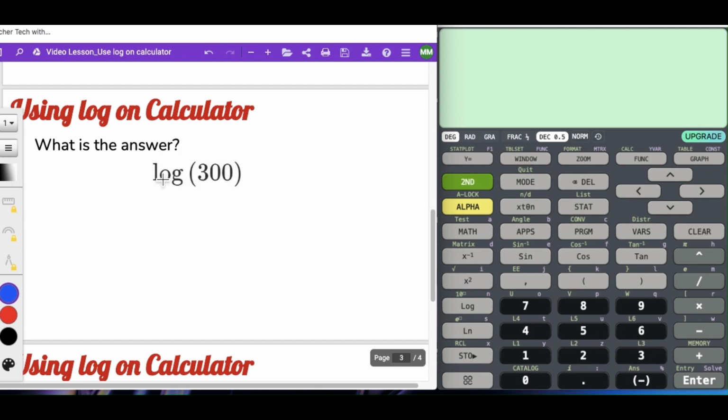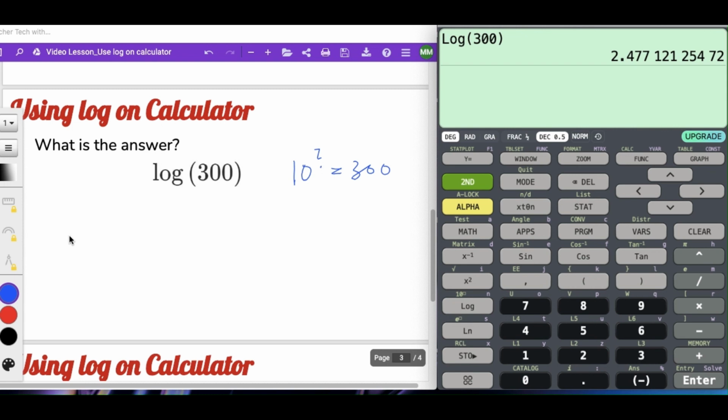For the question here, we need to figure out 10 to what power is 300. Of course, we cannot just use mental math to figure it out, so we are going to use this key. All we need to do is click log, type 300, and then press enter, and you will see the long decimal here. That's the answer.